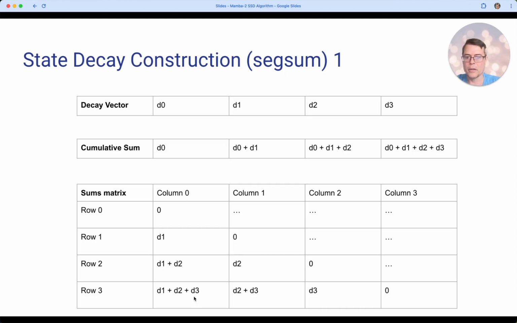But if you look here, D0, D1, D2, and D3, you subtract off D0, then what you're left with is D1, 2, and 3. So that's this minus this coming out of column 0. This value here is basically this sum, but you take off the first column sum.